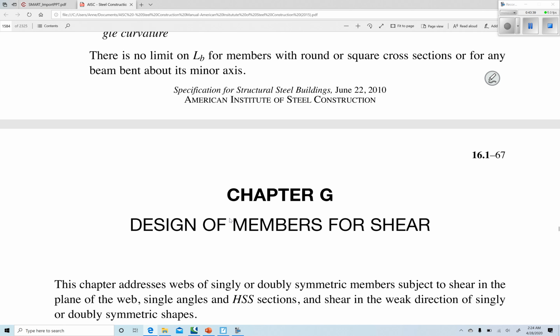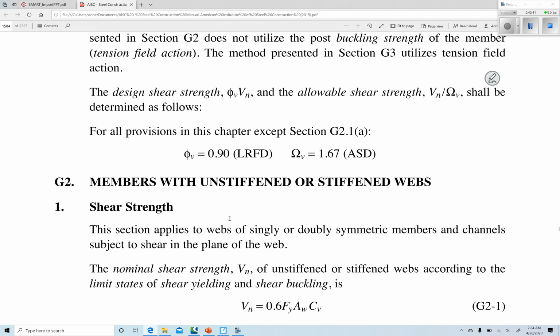It says right here that my phi factor for shear is 0.9 except for G2.1, which is where we're going to stay.